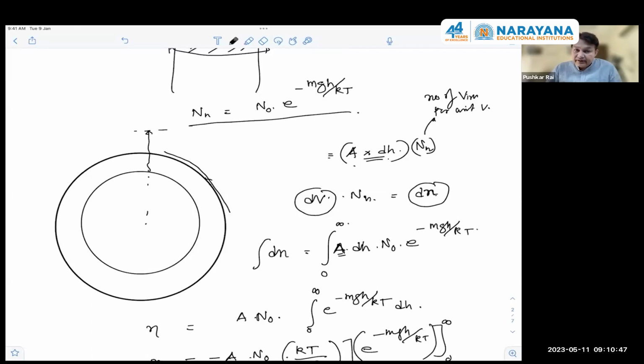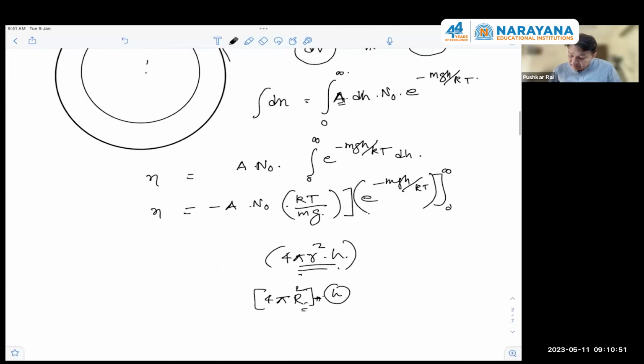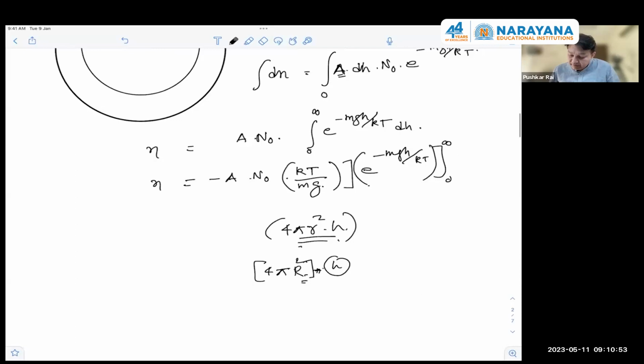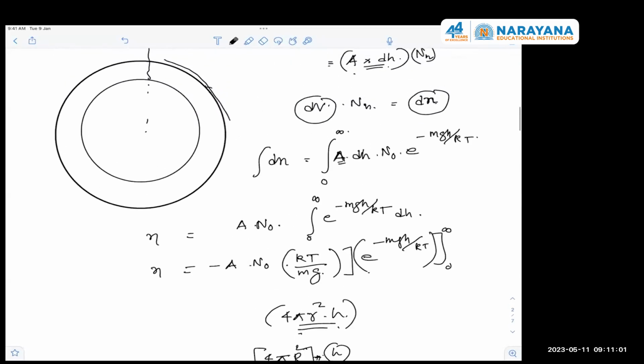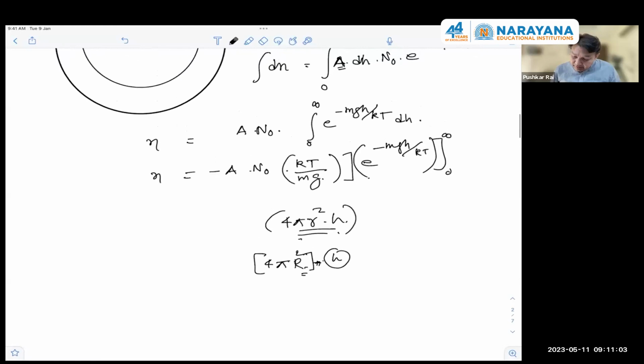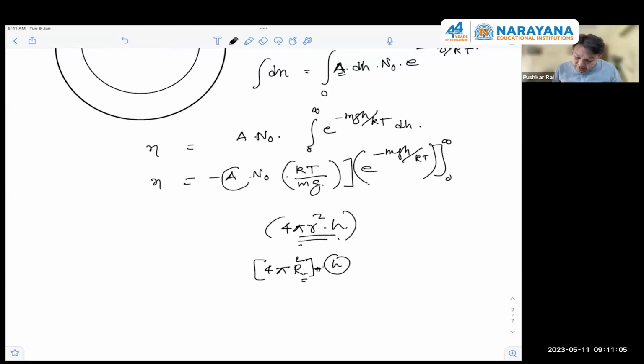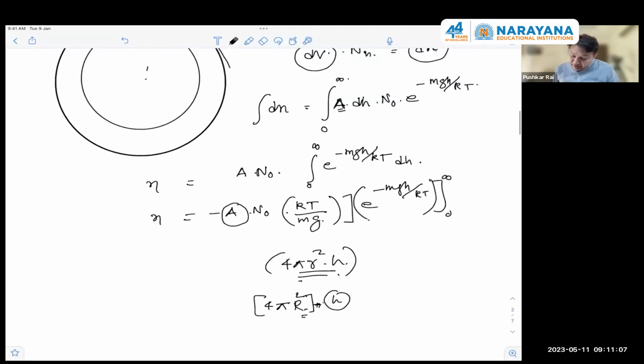This idea is valid. Otherwise this integral is going to be very difficult, and ultimately you are going to get the same result. So we will take this area to be a constant area. That's a very valid point. Very good challenge.